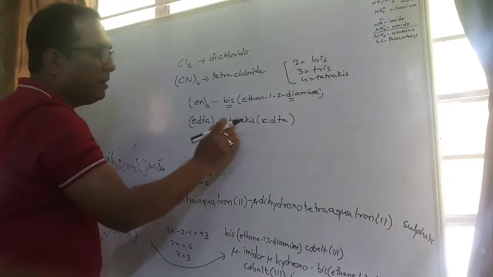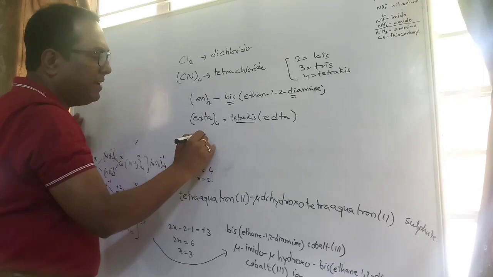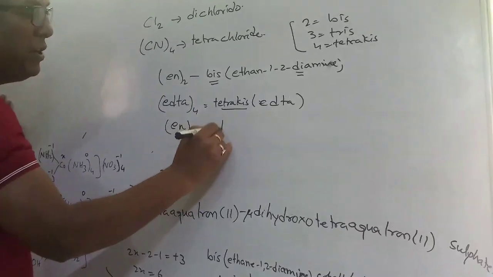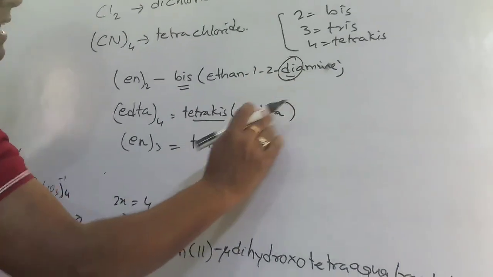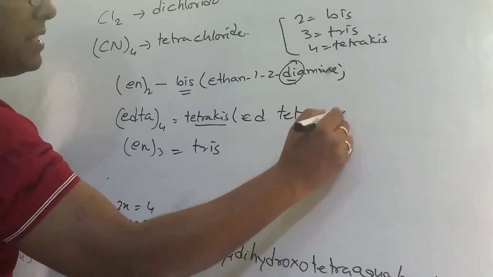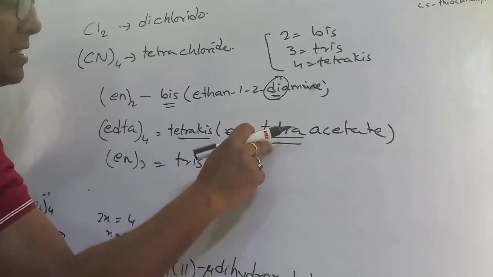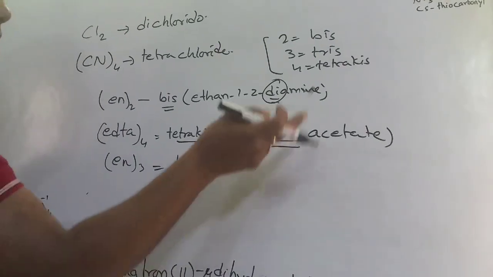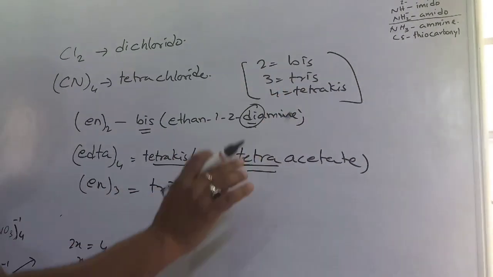This very big compound, if it is occurring 4 times, you have to write tetrakis. If it is 3, then you have to write tris. Why? Because you are already using tetra in tetraacetate. Once you have used tetra, you cannot use it twice. So in that order, you have to use bis, tris and tetrakis.